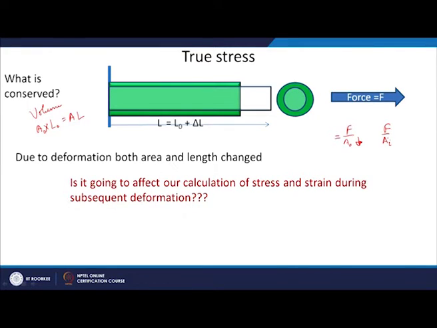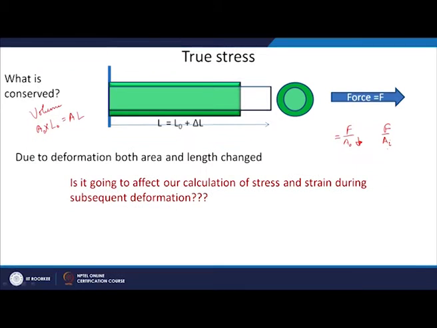Because both my area and length are changing, is it going to affect our calculation of stress and strain during subsequent deformation? That is what I am trying to answer here. Because my cross sectional area is reducing, the stress calculation which I am doing from the engineering stress expression is not going to be the actual stress which the material is experiencing.